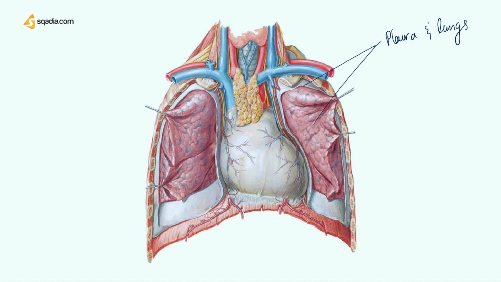So we'll have the trachea that bifurcates over here. And we will also have the esophagus that moves behind the trachea. And of course, we have the heart and the pericardium.